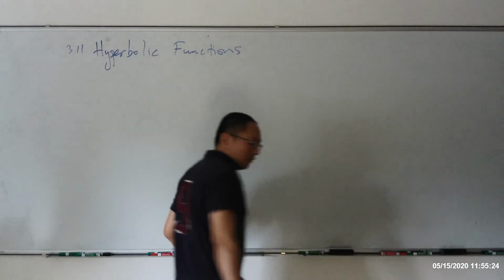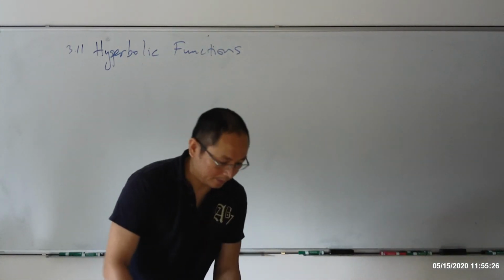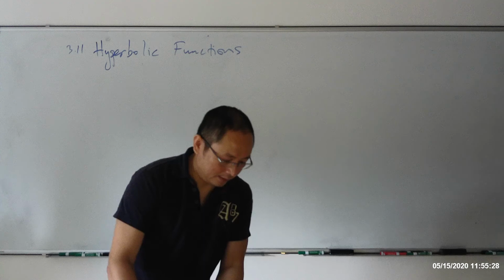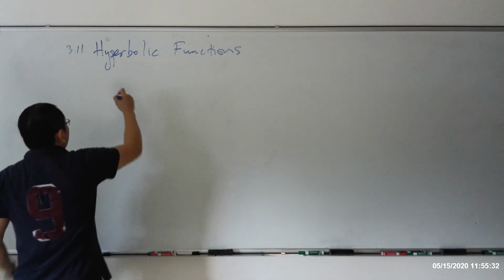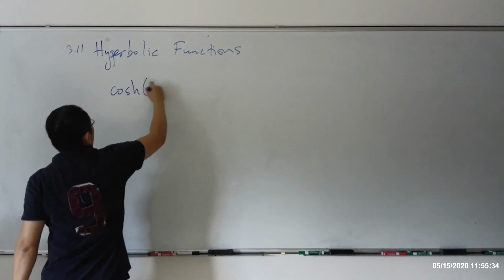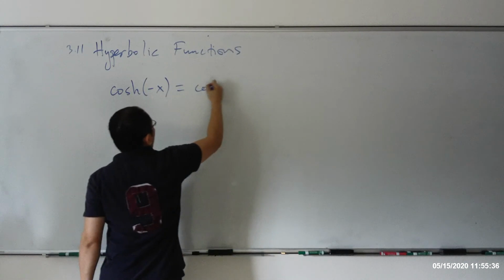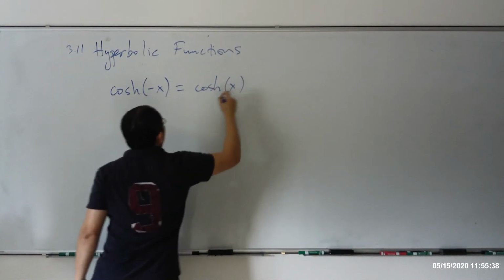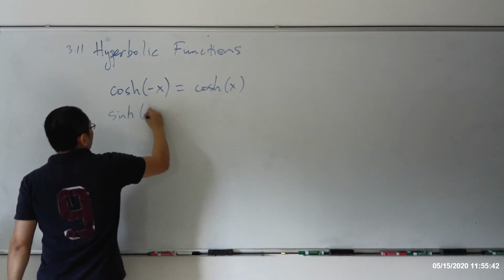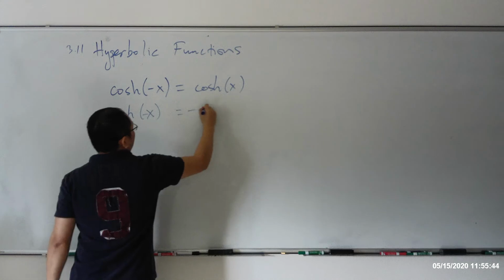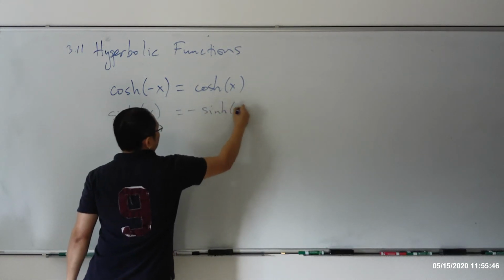Let's talk about even or odd functions in here. Cosine is always an even function. Even function means cosine of negative x equals cosine of x. And sine is odd: sine of negative x is negative sine of x.